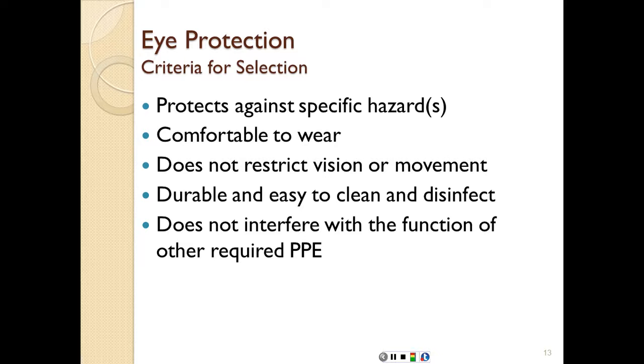So if you're going to have, for example, a gas mask or an air supply device or something like that, there shouldn't be any conflict or interference between the eye protection and any other PPE.